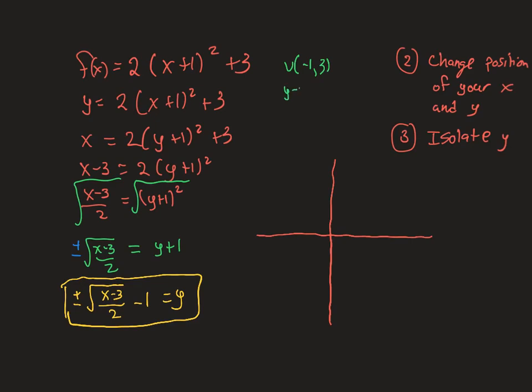And the y-intercept, if I found it, well, does it have a y-intercept? In this case, it definitely would, because if I made x equal to 0, I would have y equal to 2 times 0 plus 1, which is 1, squared, plus 3. So that's going to give me y is equal to 5.